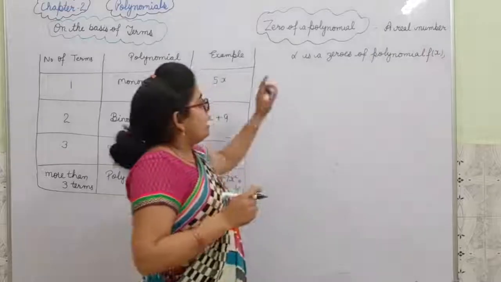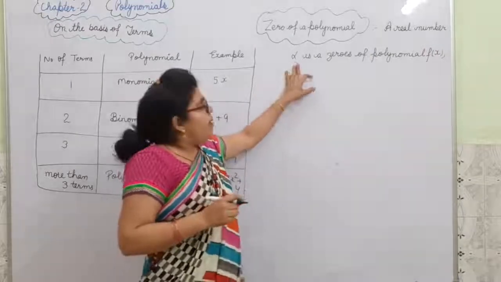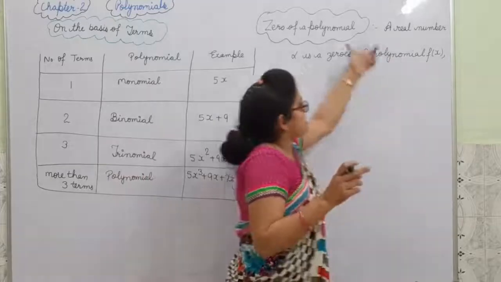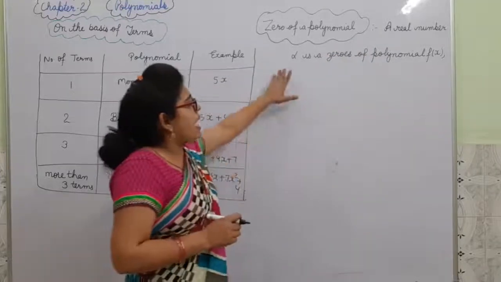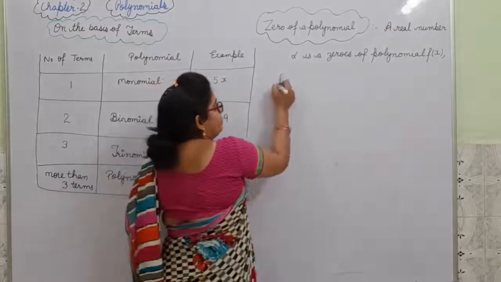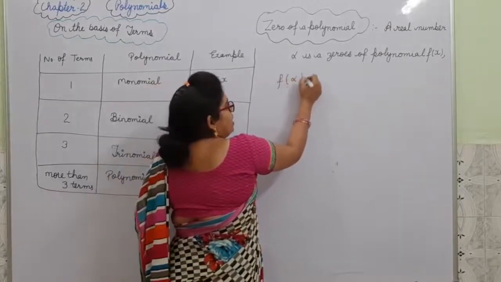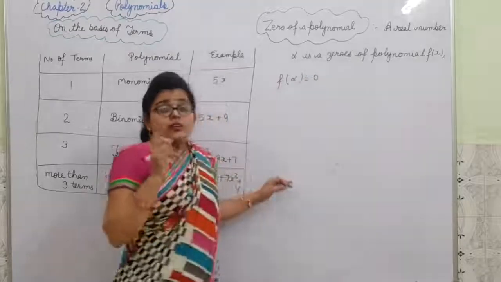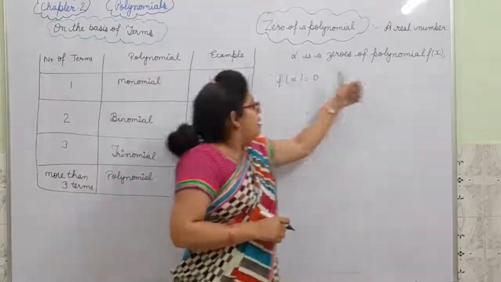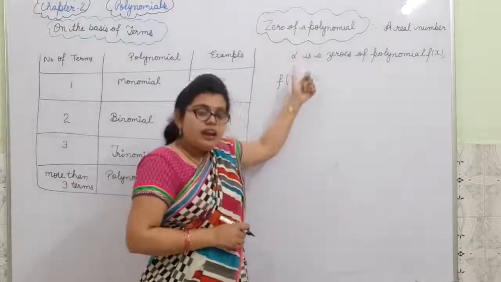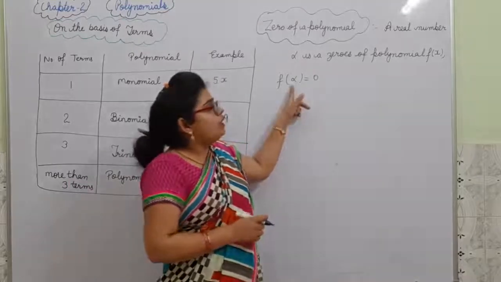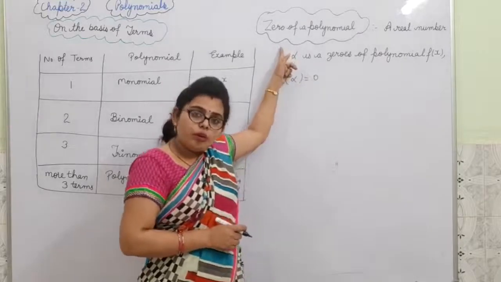If any real number alpha, when will it be a zero of our polynomial f of x? A real number alpha is the zero of polynomial f of x when f of alpha is equal to 0, means when we are replacing this x variable by this real number and we are getting it equal to 0, then this alpha will be the zero of this polynomial.